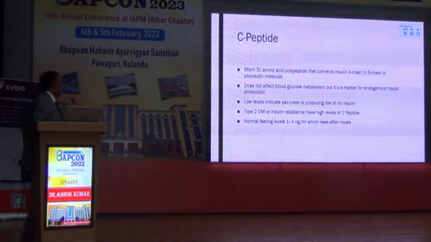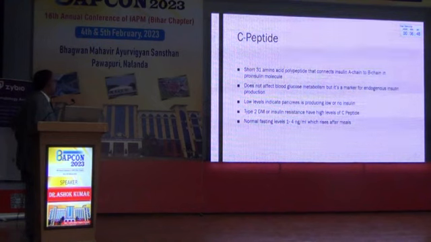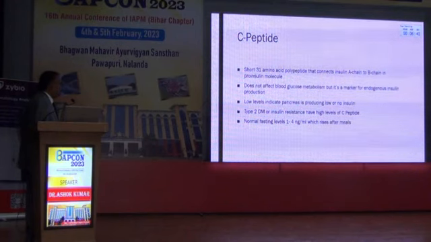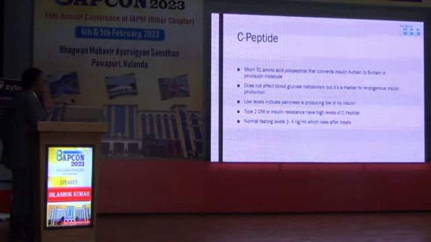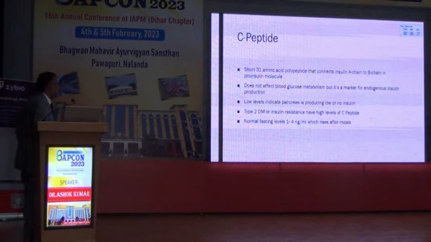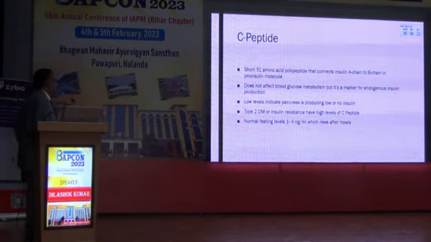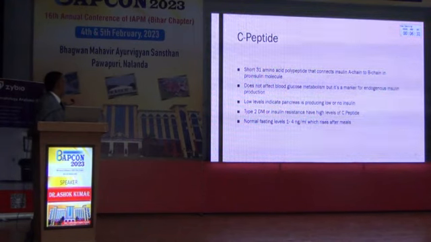Now the C peptide. This short 31 amino acid polypeptide connects insulin A to B chain in the pro-insulin molecule. Although it has no direct effect on glucose metabolism, it is a marker for endogenous insulin production.